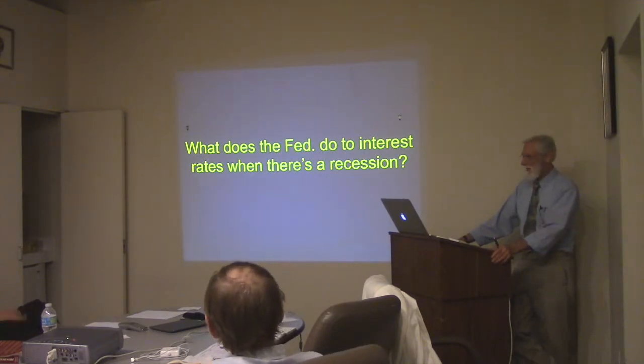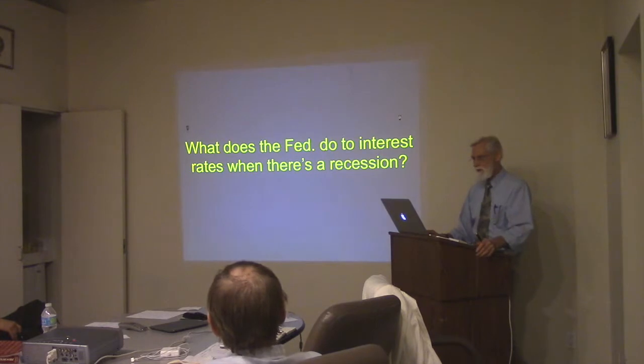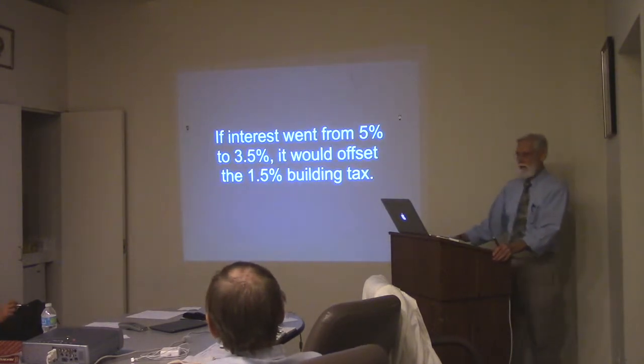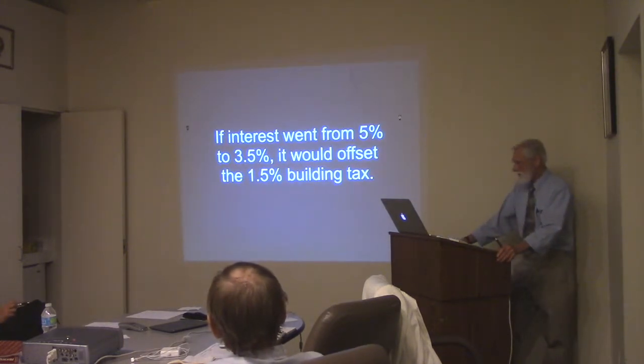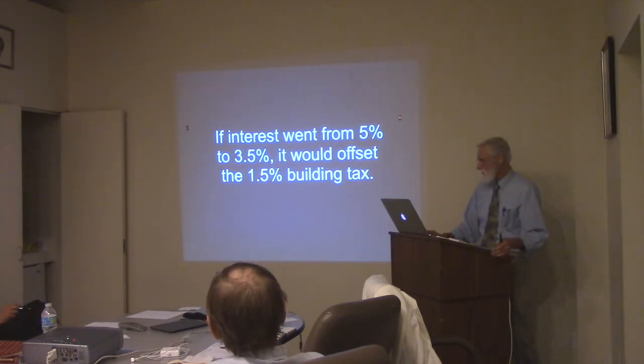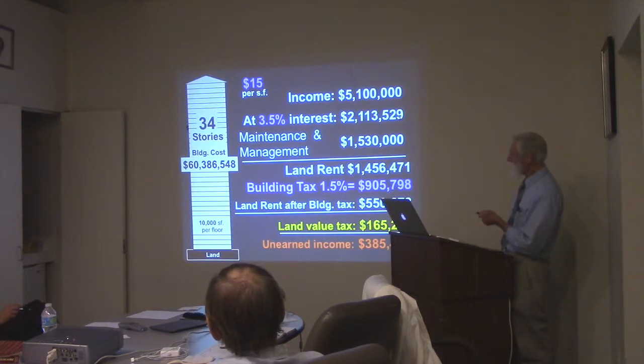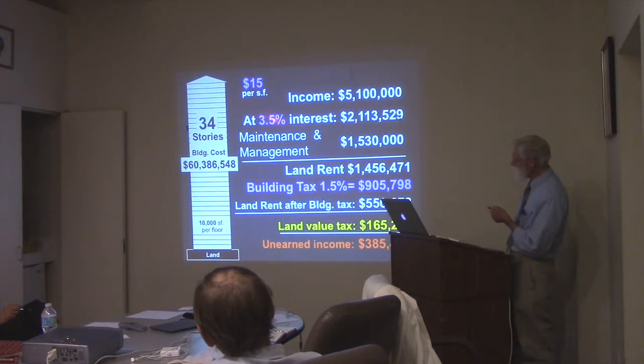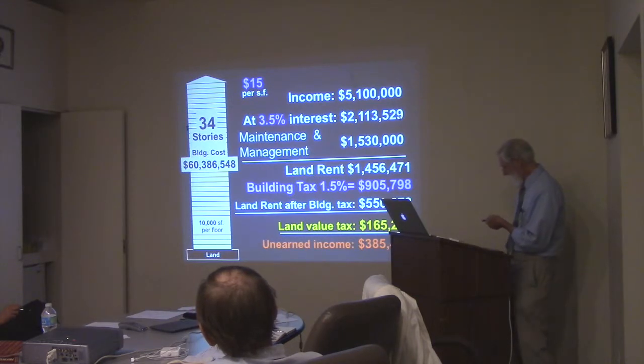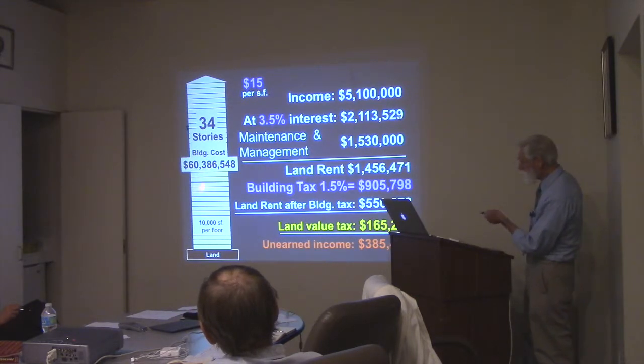Lower interest. They lower interest. So supposing we could get interest rates lowered from 5 to 3.5%. Right. Man, that's great. We can totally offset the real estate tax. Yeah. And here we are with 3.5% interest. We're back to 34 stories. It's beautiful, isn't it? Yeah.